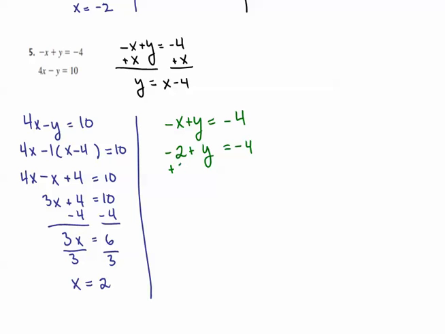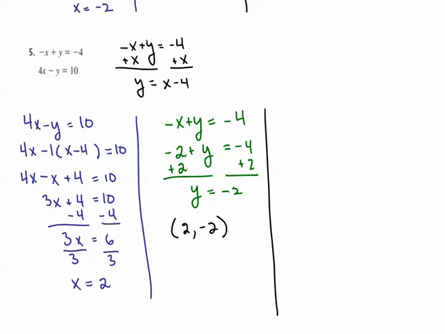I'm going to add 2 on both sides, and when I do, I get y is equal to negative 2, making my ordered pair solution 2 comma negative 2. I just have to check at this point. I've used the first equation, then the second, then the first again. Now I'm going to use the second equation.